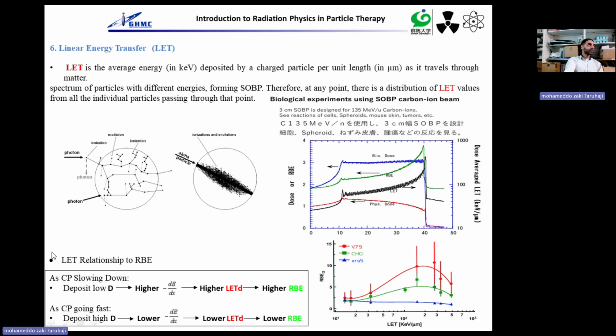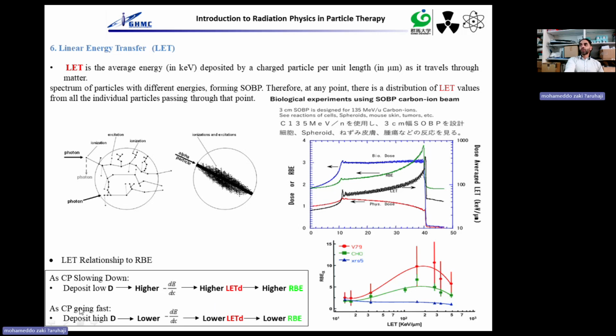And then finally, the scientists and researchers came up with this relationship: when charged particles are slowing down, they deposit a high dose, which means higher stopping power, as you said before. Higher stopping power means higher LET, which means higher dose-averaged LET, which means higher RBE.